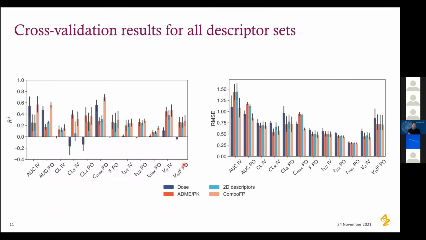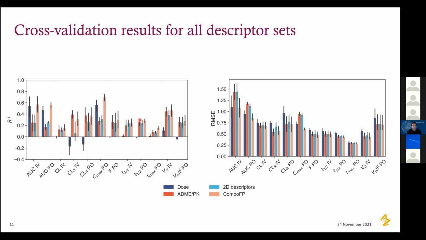So this is the result from the cross-validation for all these different descriptor sets. Each color here on the bar represents one of these descriptor sets. I think first off, what we can see is that the combo FP tends to be better than the rest.